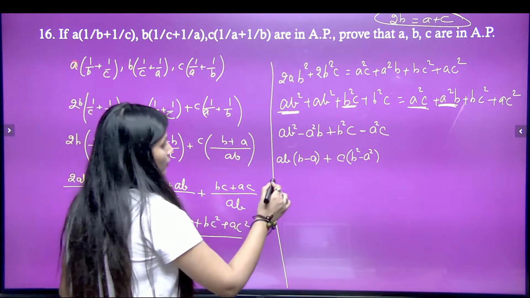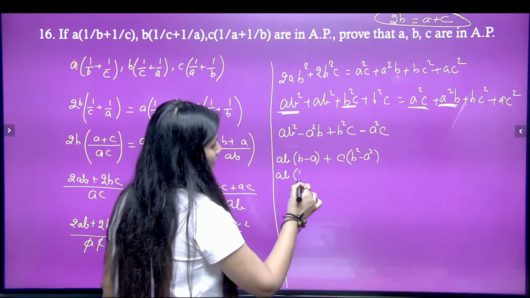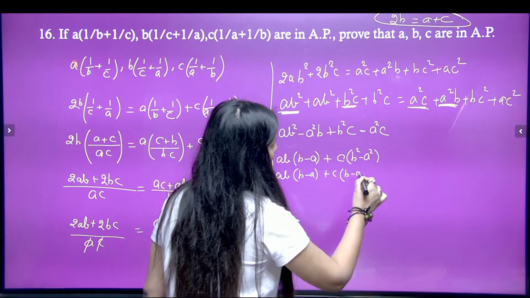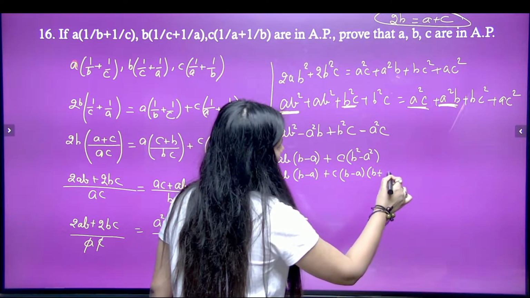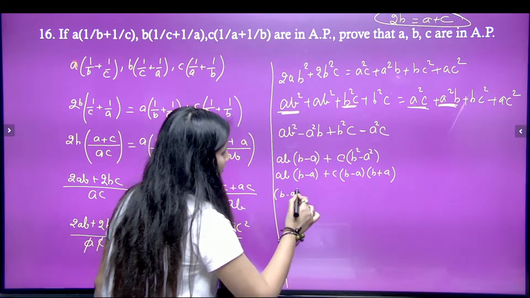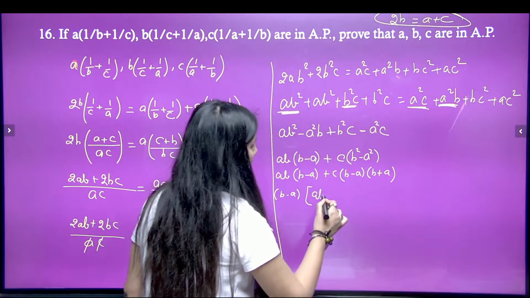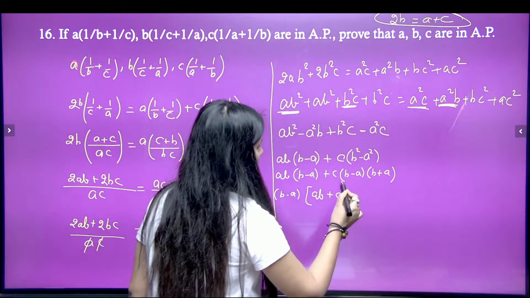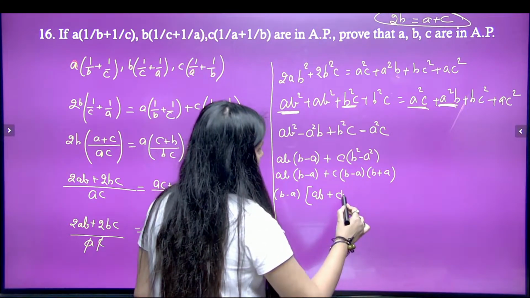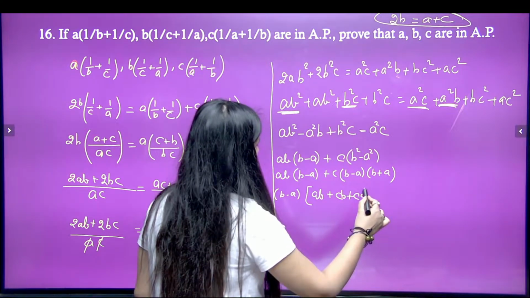And we can write it AB(B minus A) plus C(B minus A)(B plus A). And if I'll take common B minus A, then I'll have AB plus C(B plus A). I have taken B minus A, so I have CB plus CA. Leave it here.